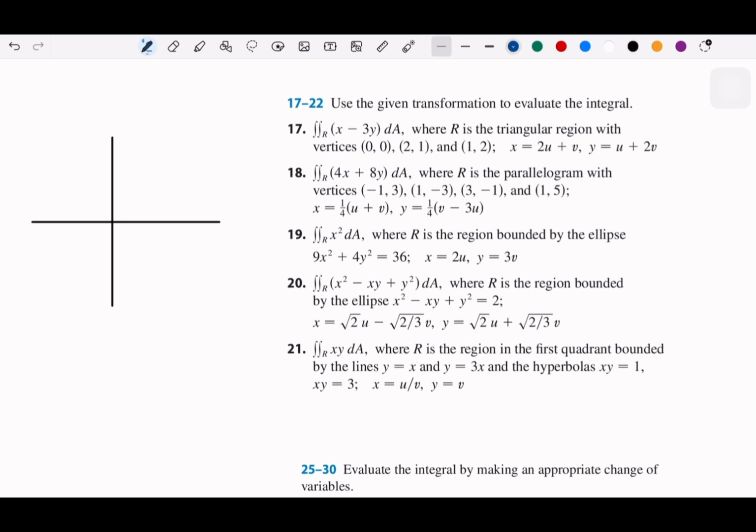So we have -1 and 3, perhaps here. And we have 1 and 3. And then we have 3, let's say here it's 3, and then -1.